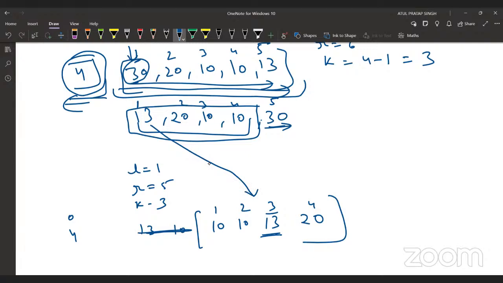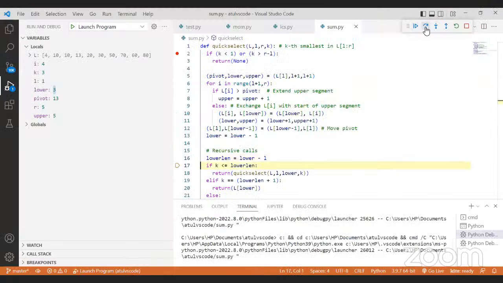Now we will check the position. You can see lower lane minus equal to lower minus 1, so lower equal to 3, lower lane becomes 2. Now this first condition, K is less than or equal to lower lane, is not true because K equal to 3 and lower lane equal to 2.